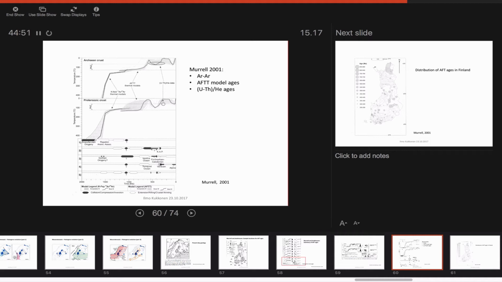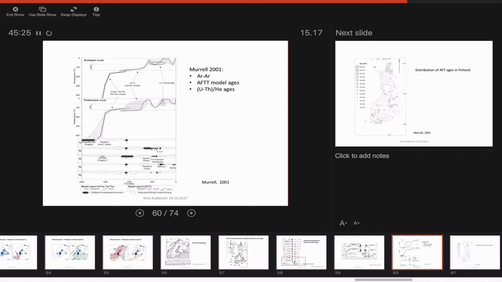This is for the Archean crust in eastern and northern parts of the country, and this is the Proterozoic in the west and south. So what we again see here is nicely the cooling from the orogenic temperatures, relatively late although, but it means that maybe there has been a continued slow exhumation taking place, because the peak of the orogeny was about 1.8 gigayears.